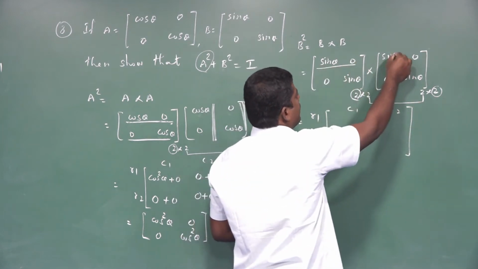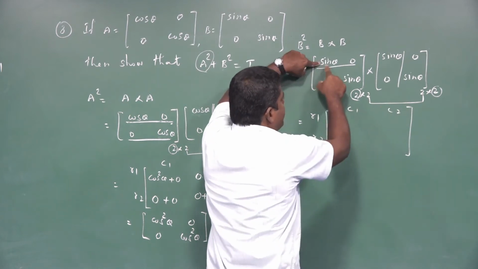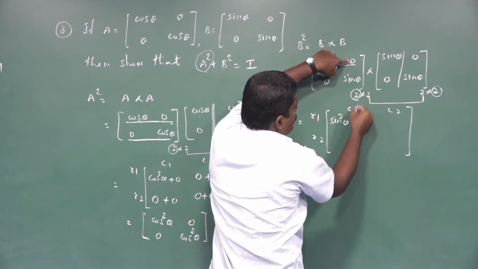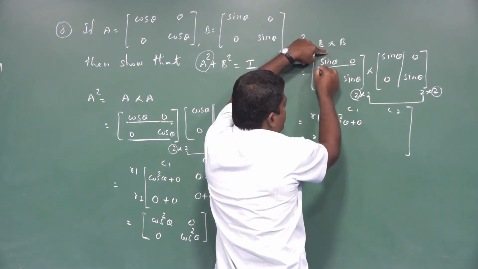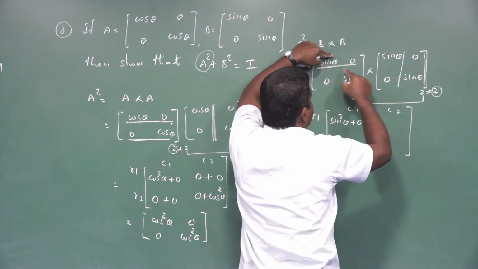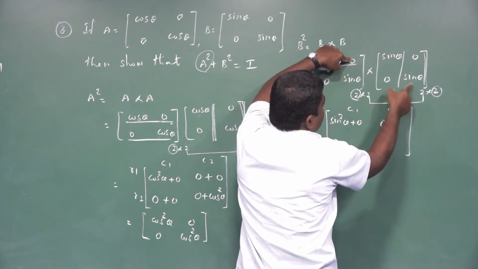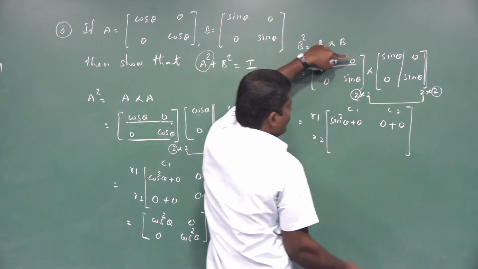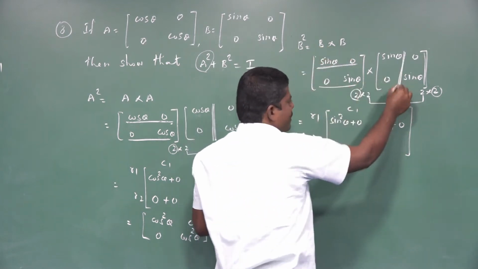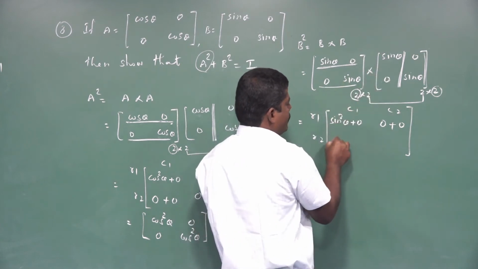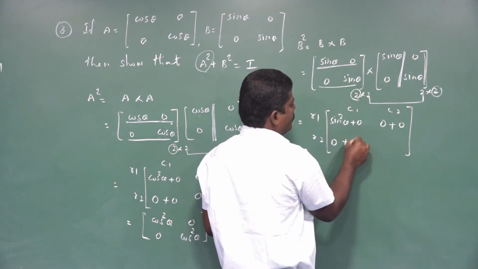This is our result order. Take the first row and first column. Sin theta into sin theta, sin square theta. 0 into 0, 0. Next same first row, second column. Sin into 0, 0. 0 into sin, 0. Next is second row, first column. 0 into sin theta, 0. Sin into 0, 0.